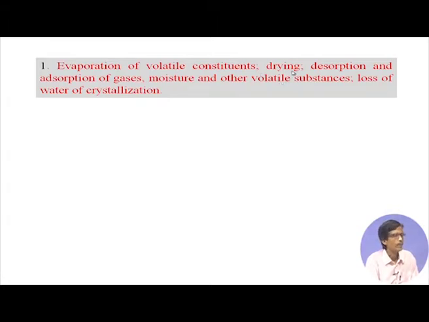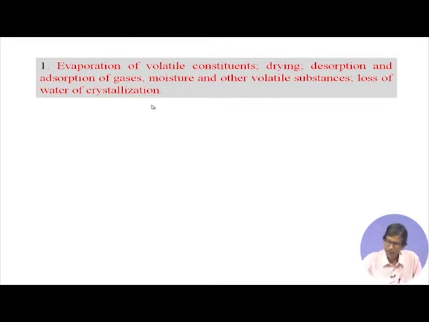So, while we dry the sample, such as nickel DMG as I told you, in this drying process, there is the desorption of some material or adsorption of gases. When adsorption of gases occurs there will be a gain in weight, or moisture loss or moisture gain, and other volatile substances, and loss of water of crystallization.